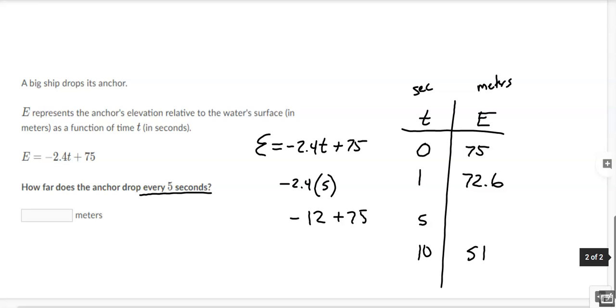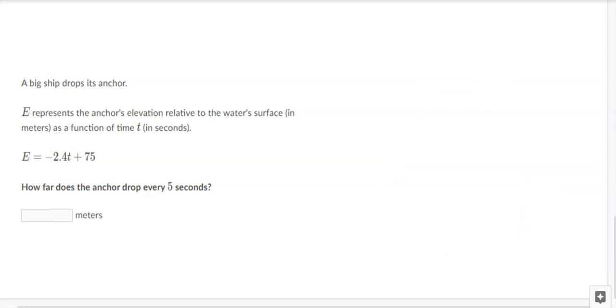That's going to put me at 63. So basically, in 5 seconds, we dropped 12 meters. So again, the big tip here is use the table. I think it'll help you out.